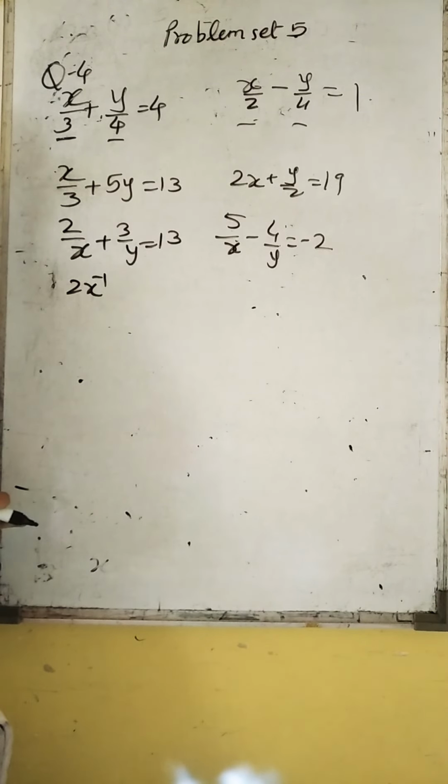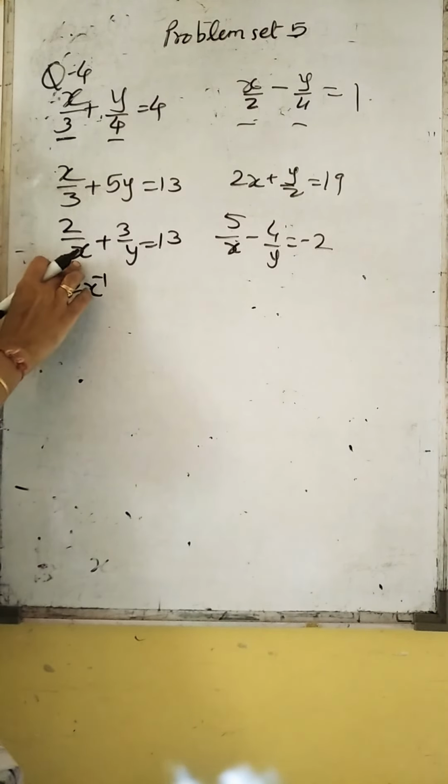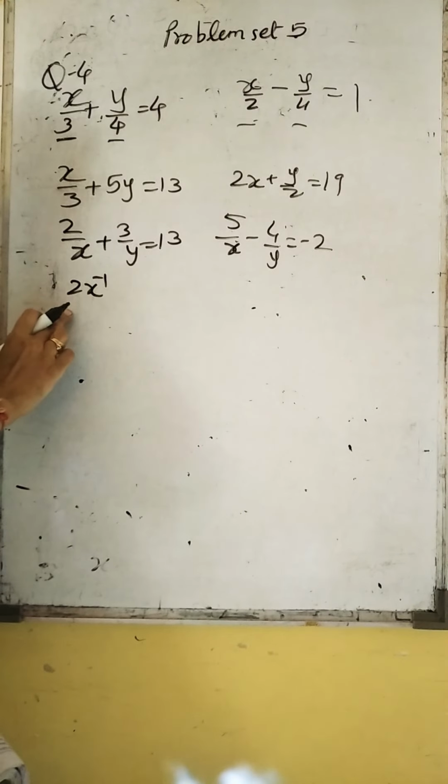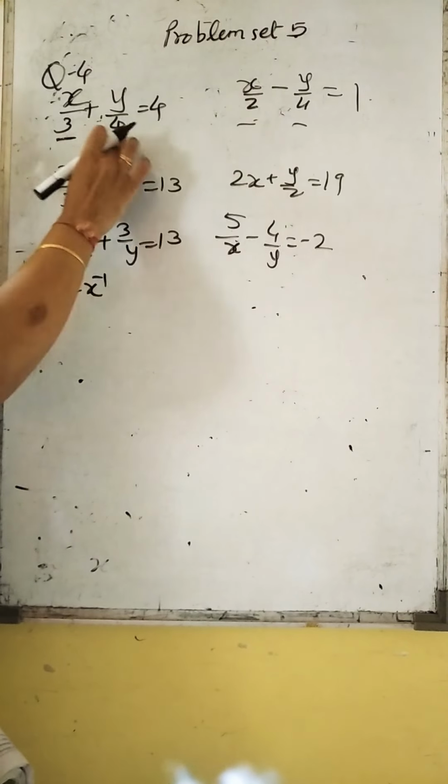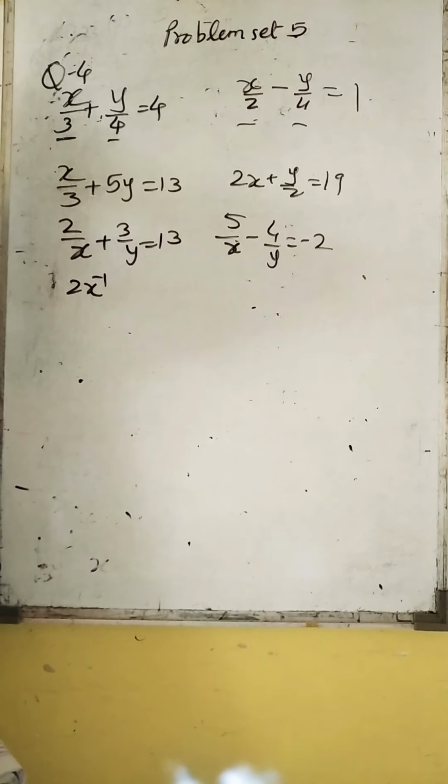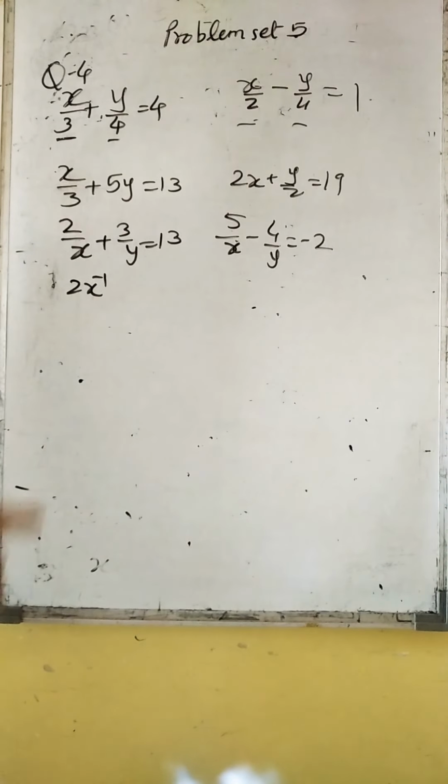Because the chapter says it is a linear equation in one variable. So they have made some mistake. What is it? I will be discussing it. It is very interesting to know about this part. Okay, but let me discuss. These two are almost the same, so I will just come to the simpler part and then I will leave it to you. But this is something interesting I will be discussing. Yes?